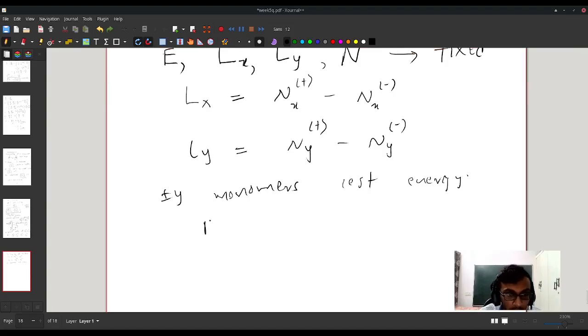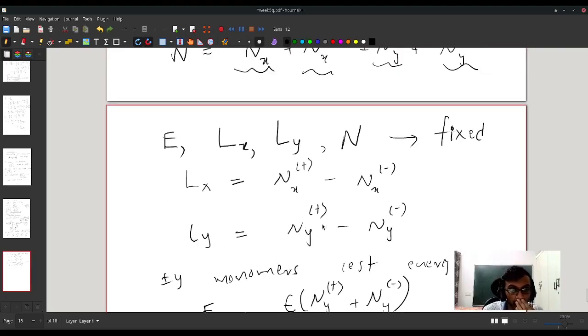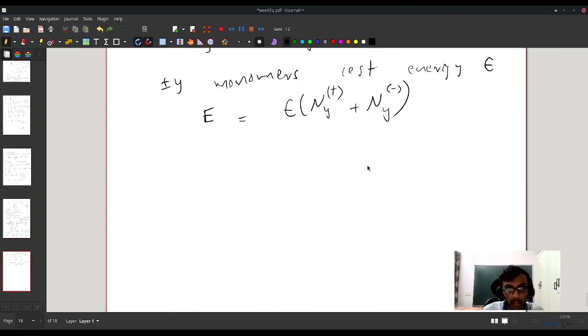So let's say this energy is epsilon times ny plus ny minus. Okay, so we have all the required relations of these microcanonical ensemble parameters in terms of these microscopic variables.